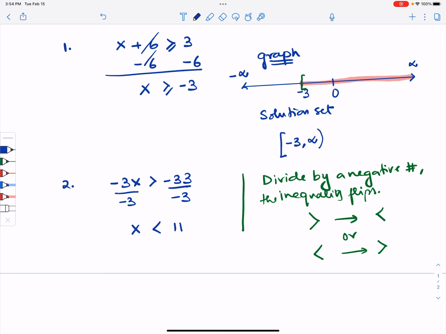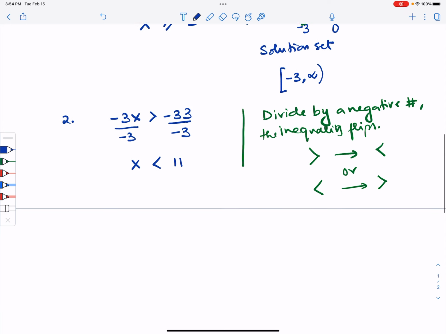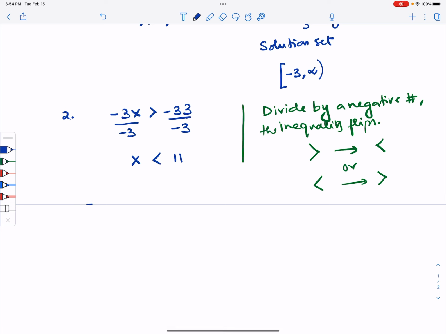All right. On the number line, what does this look like? Let me go ahead and draw a straight number line. Positive infinity, negative infinity. Let's say we have 11 out there. So what we're saying is that x can have any value less than 11, but not equal to 11. So we start with 11 and we shade all the values from 11 to negative infinity.